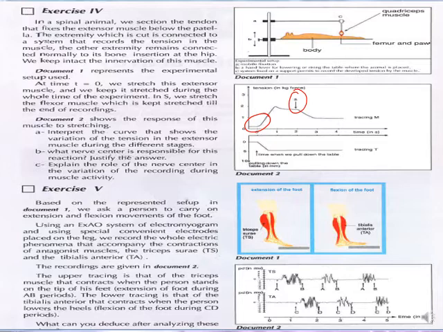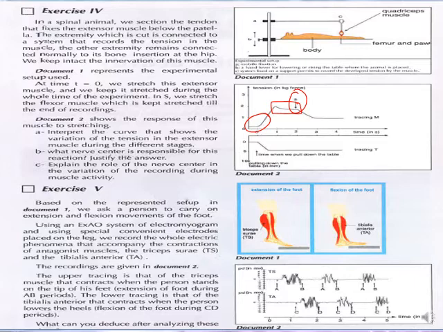When we stretch the extensor muscle by lowering the table, the muscle responds with an increase in its tension that reaches about 2 kilogram force, and it remains constant as long as stretching is performed. What does this indicate? This indicates that the stretching of the muscle stimulates its own contraction.